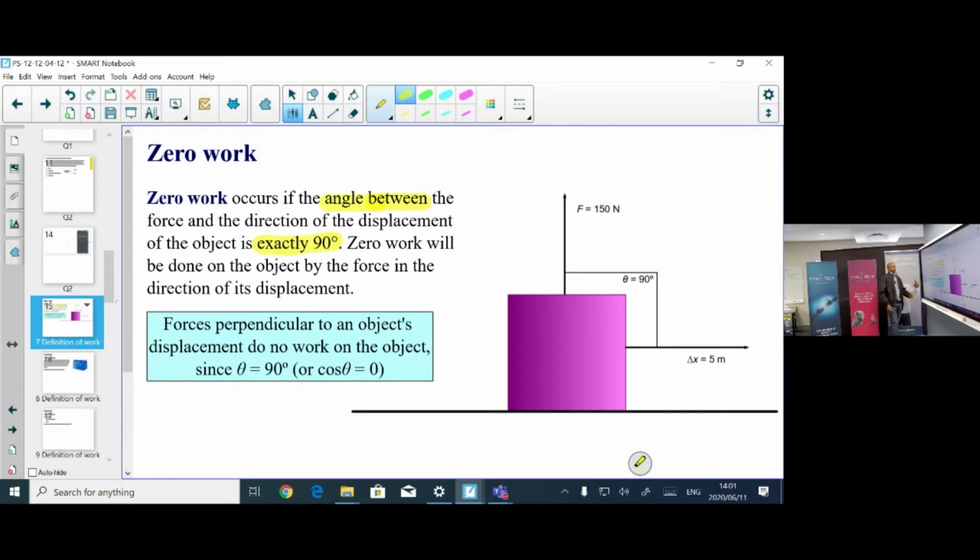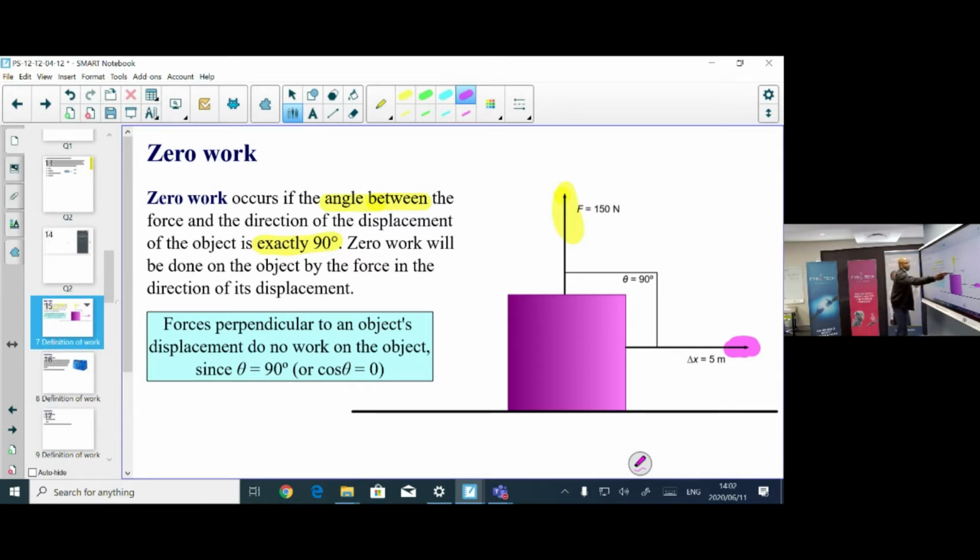What are we talking about when I'm saying exactly 90? If you look at the force vertically and the displacement in the horizontal, it is between the x-axis and y-axis, or the horizontal and vertical line. Those arrows are showing us where the displacement is going.